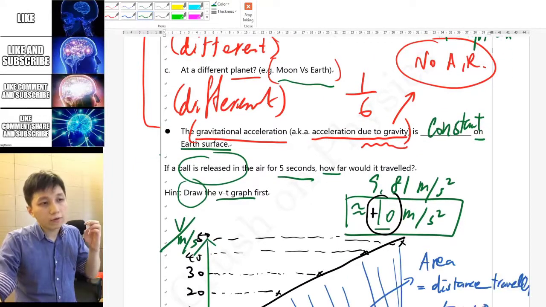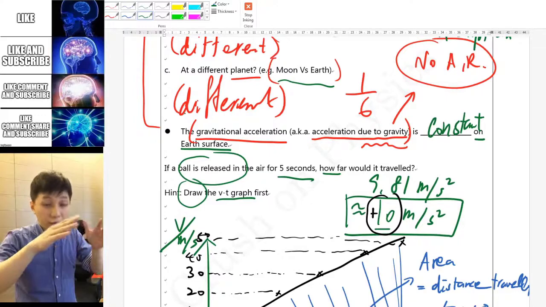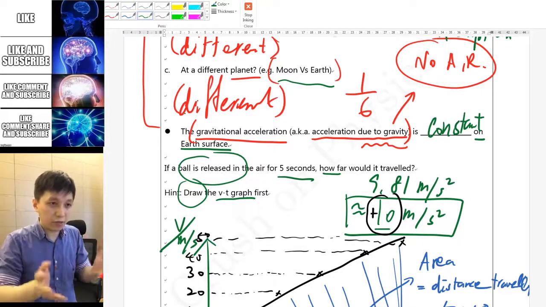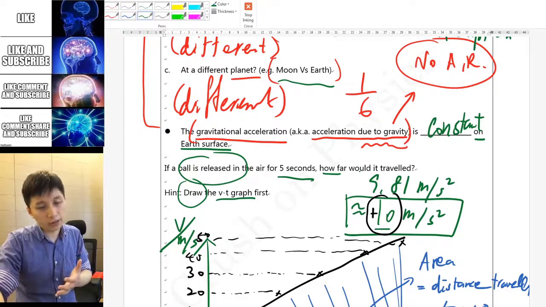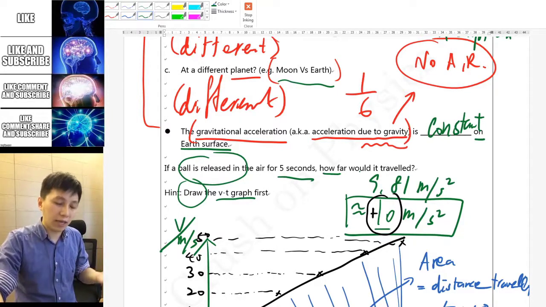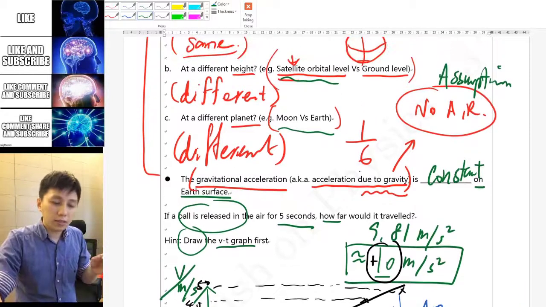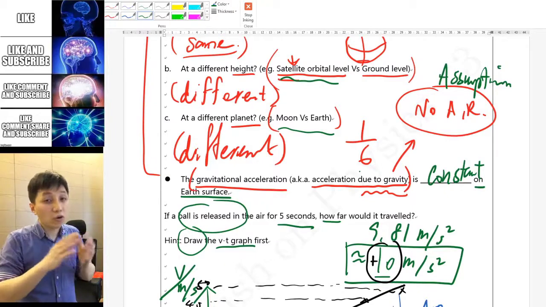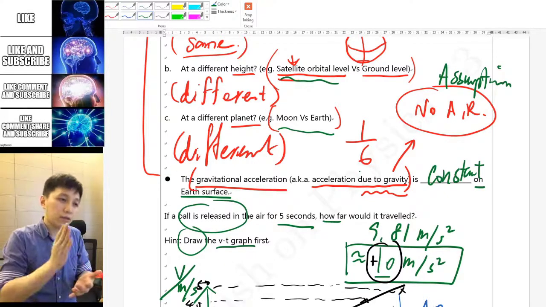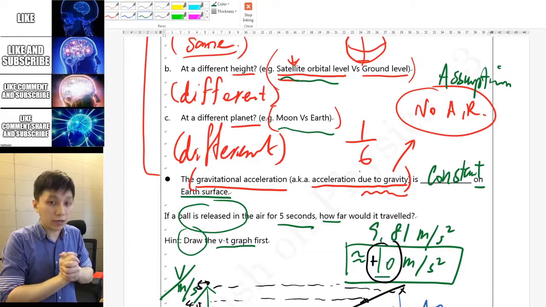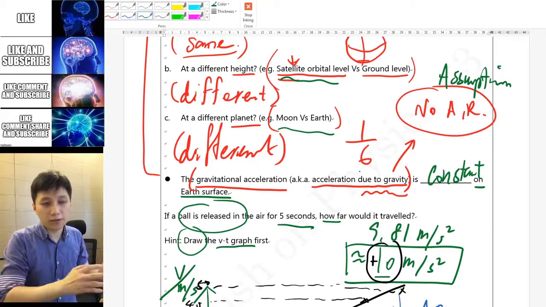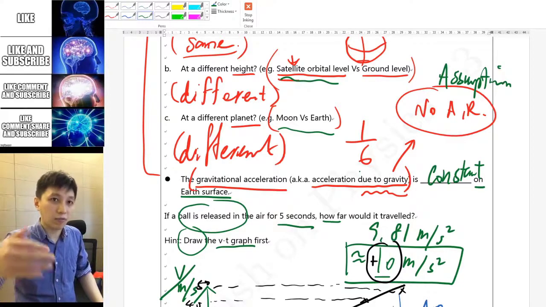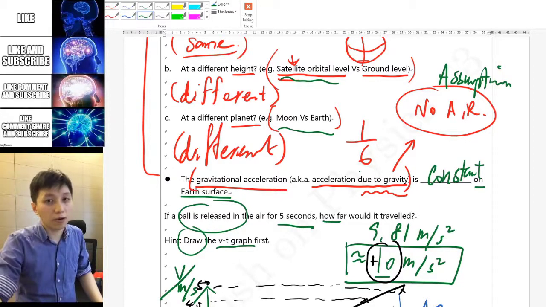And so the acceleration due to gravity on the Earth's surface, remember it's Earth's surface only, is going to be a constant, and the number is 9.81, alright, which we can round up to 10 meter per second squared in IGCSE physics. This is only assuming that there's no air resistance. If there's a presence of air resistance, then of course the acceleration would be less, and that would of course make the free falling time longer.